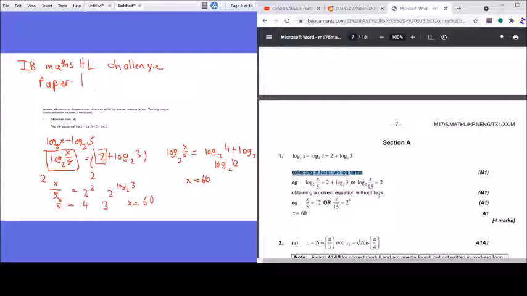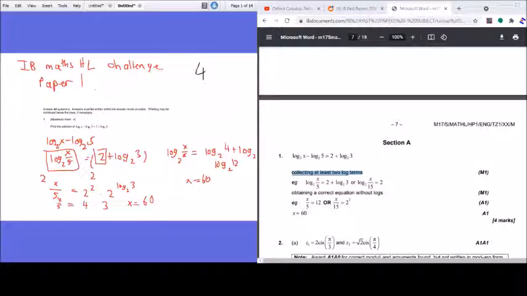Then obtaining a correct equation without logs: x over 5 equals 12, or x over 15 equals 2 squared. We did get x over 5 equals 12, so that's valid, and we got x equals 60. So that's 4 points.